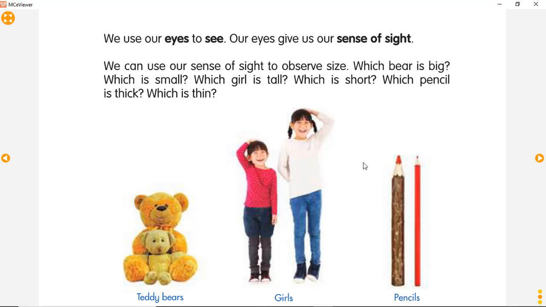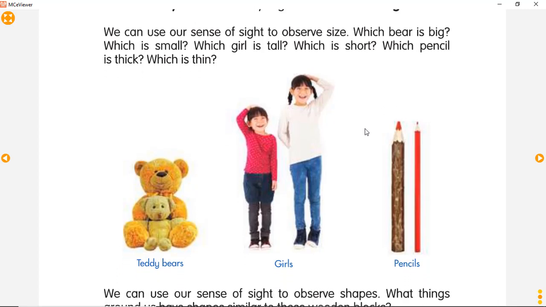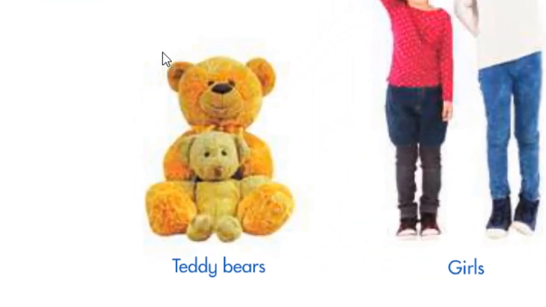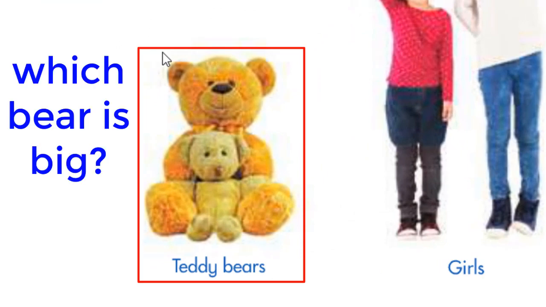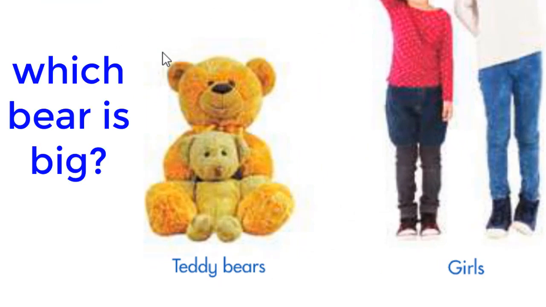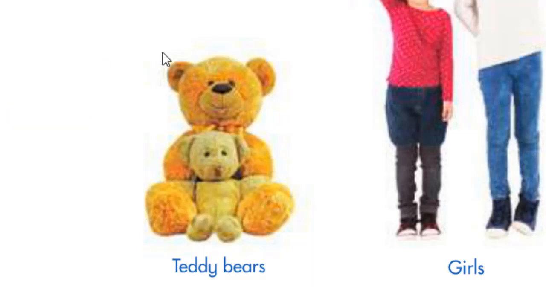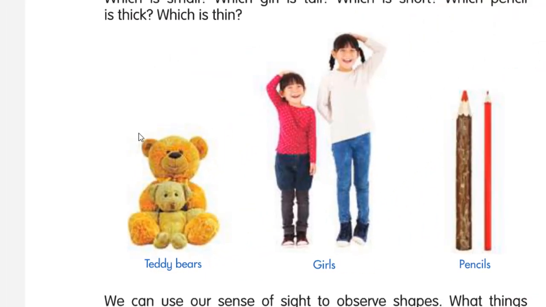As you can see on the screen, we have pictures here. The first is teddy bears. Jadi teddy bears, kita lihat which bear is big. Yang mana nih yang besar nih? In the front or on the back? Yang di depan atau yang di belakang? Very good. Yang besar itu yang di belakang, on the back. Which is small? On the front, yang di depan.